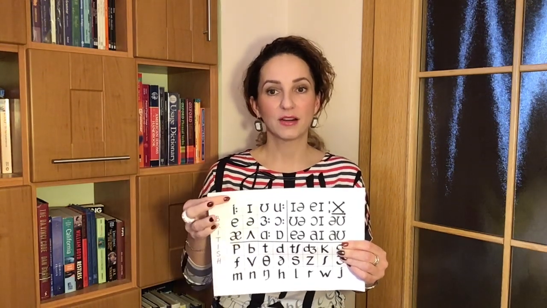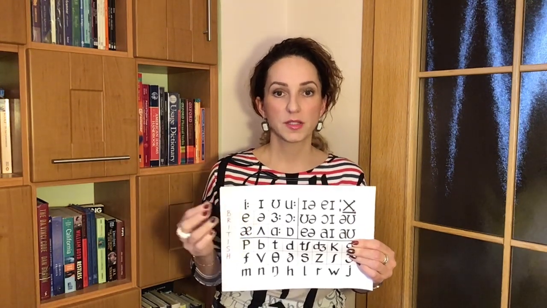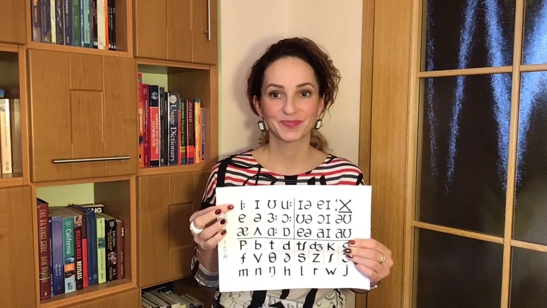So, now if we move from top to bottom, this is about how our mouth is opened or not. So here we talk about closed vowels. Why are they called closed? Well, because if you produce them, I'm talking about the top vowels here, the surface of your tongue is really close to the roof of your mouth, the so-called hard palate.